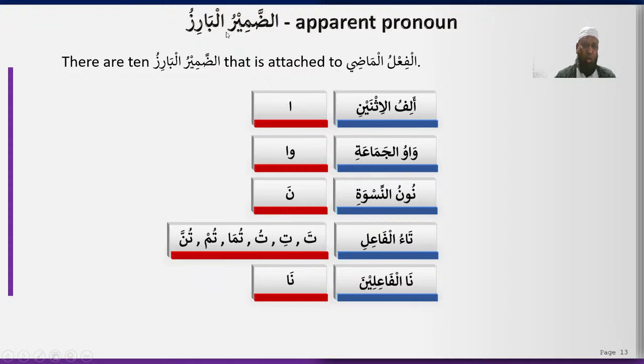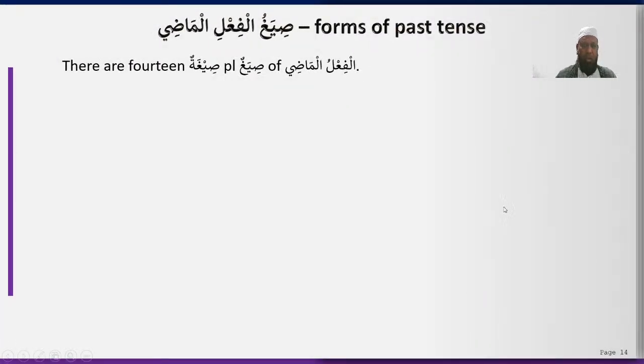So we will see what are the damirs that we add and give us different meanings. There are 14 sighas, plurals of sighah, of al-fi'l al-madi. 14 forms of fi'l al-madi.